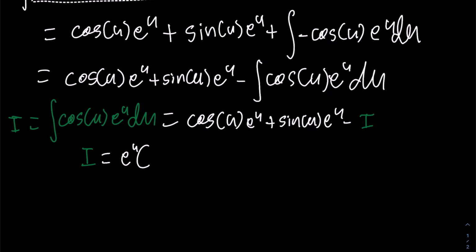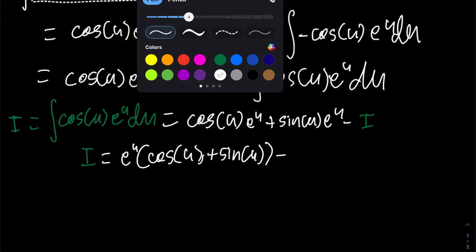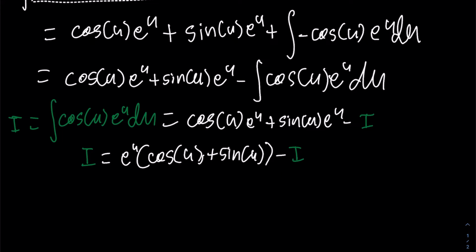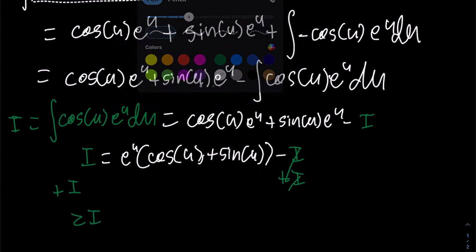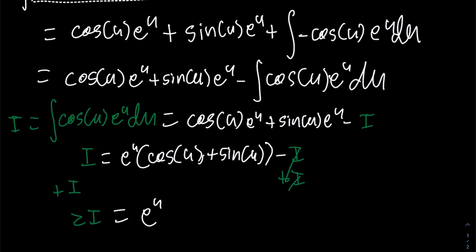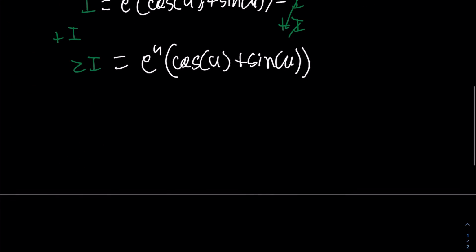Let's just factor that out now: cosine u plus sine of u, and then minus another I. So what we can do is add an I on both sides and then solve for I. So we add an I on both sides and we see that 2I is equal to e to the u, and then we have cosine of u plus the sine of u. And then finally, to solve for I, of course, we divide both sides by 2.